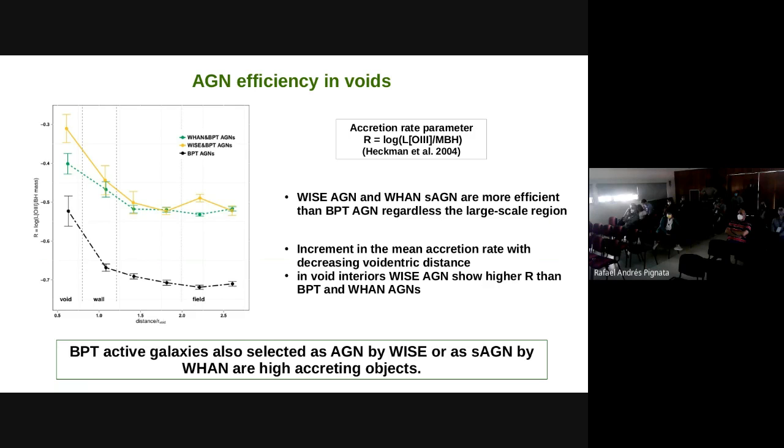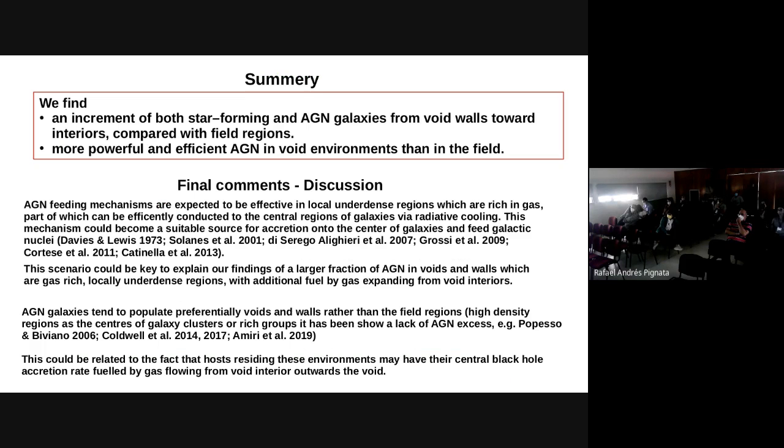So the galaxies that are BPT and also WISE are the more powerful and more efficient objects in our samples. And to finish, I want to say only two things.